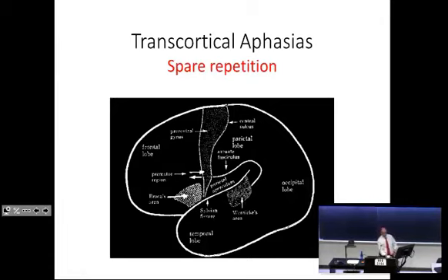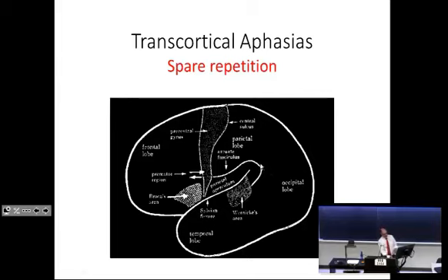Lesions in around here produce Wernicke's aphasia. To repeat, the information's got to come in here, in Wernicke's area, and go forward to Broca's area. And then the person can repeat. Lesions that produce many of the aphasias knock out this connection between Broca's and Wernicke's area. The transcortical aphasias don't. So their lesions are outside this perisylvian speech region.